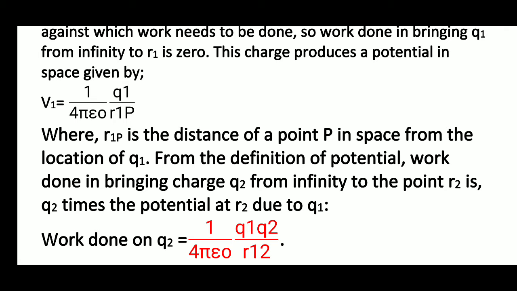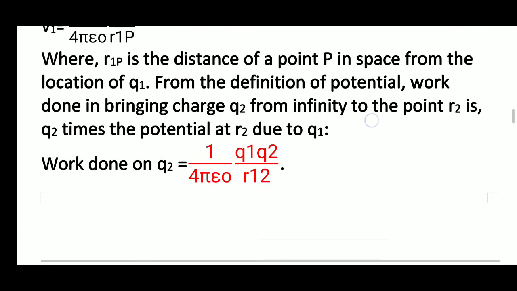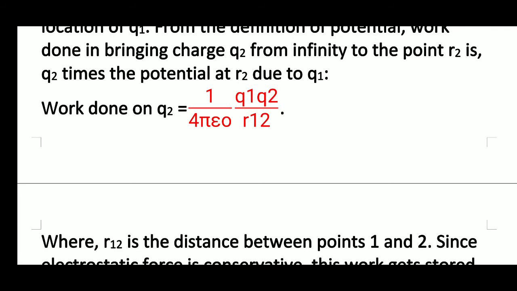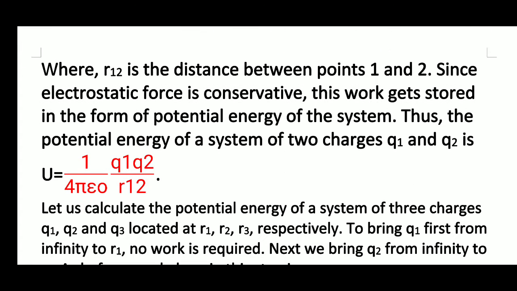From the definition of potential, the work done in bringing charge q2 from infinity to the point r2 is q2 times the potential at r2 due to charge q1. It means the work done on q2 is equal to 1 upon 4 pi epsilon naught q1 q2 upon r12, where r12 is the distance between points 1 and 2.